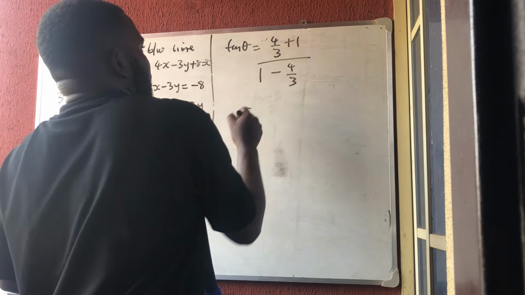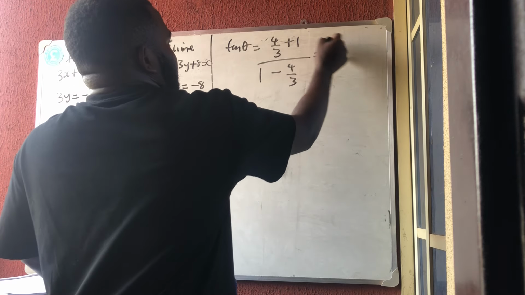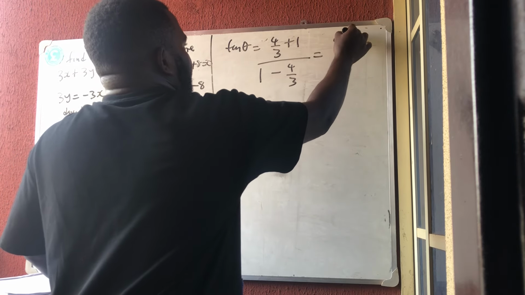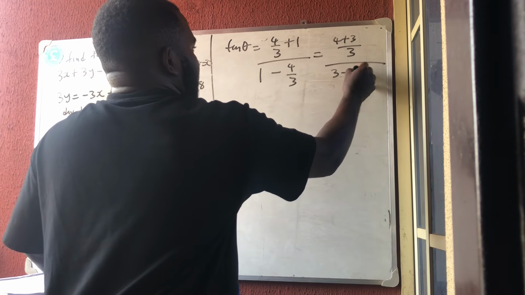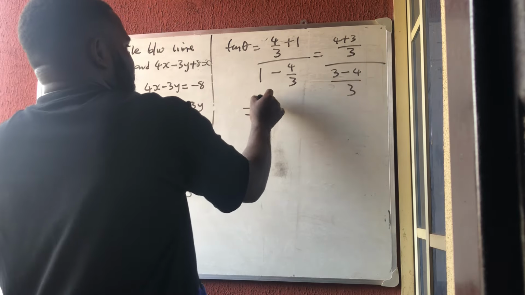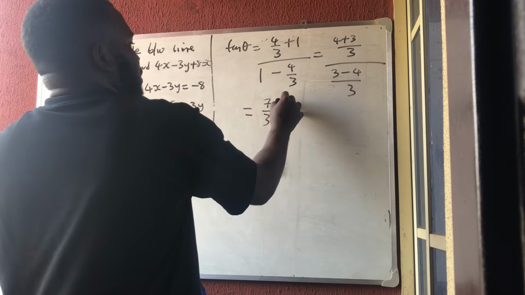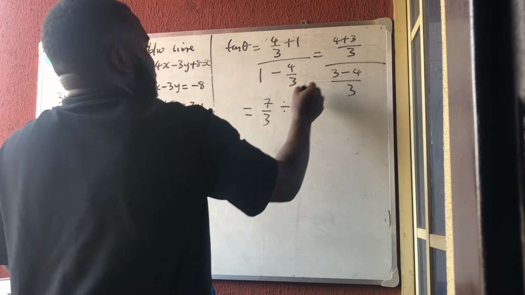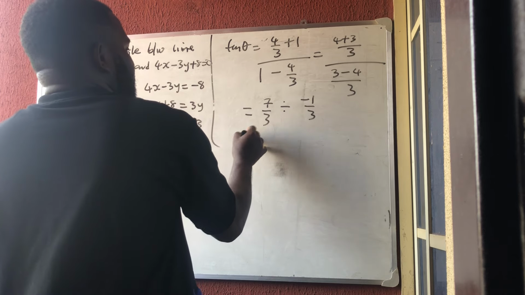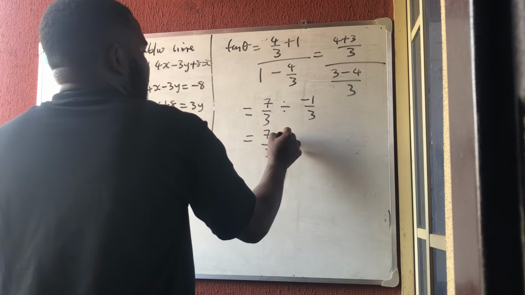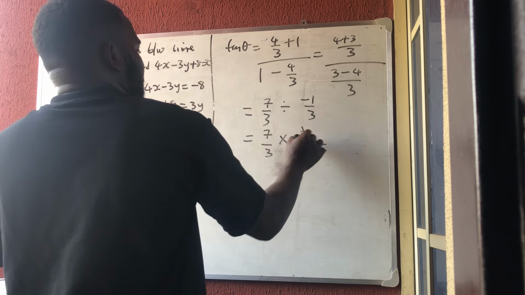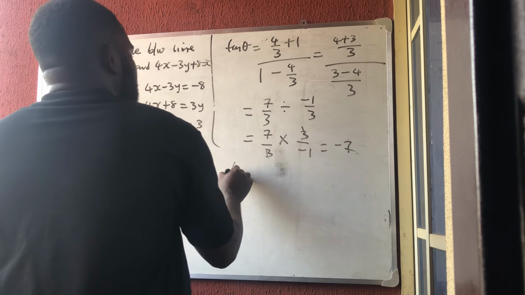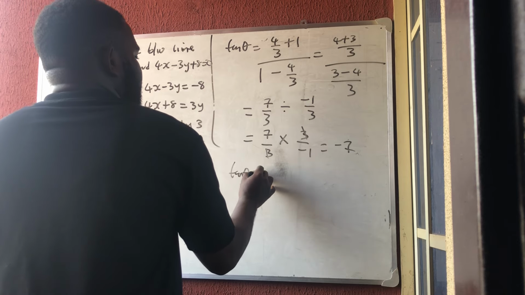The LCM is 3, so I'm having 4 plus 3, and here I'm having 3 minus 4 over 3. So I'm having 7 over 3 for the numerator divided by minus 1 over 3. If I change divide to times, I'm having 7 over 3 times 3 over minus 1. So this cancels this, I'm having minus 7. So tan theta is equal to minus 7.